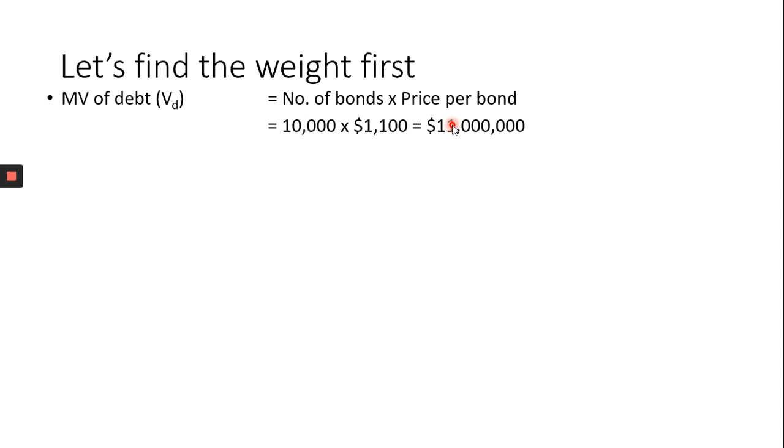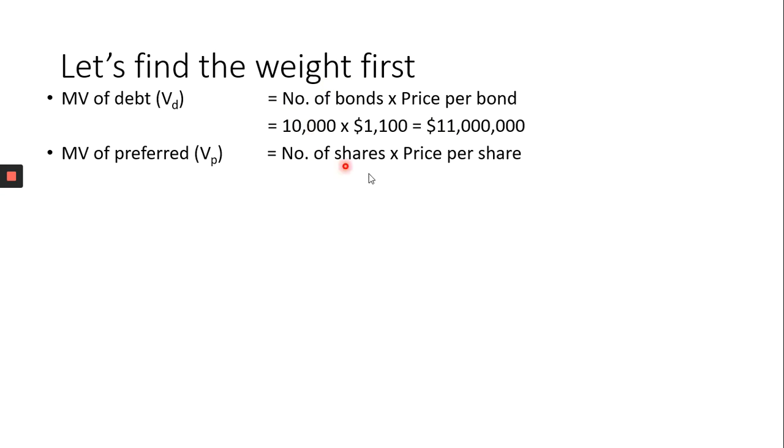If you multiply them together, you get $11 million as the market value of the debt. Now we need to calculate the market value of the preference share. It's the same: number of shares times the price per share. The question says 100,000 preference shares are issued in the market, and the price per share is $30. If you multiply them together, you get a total market value of $3 million.